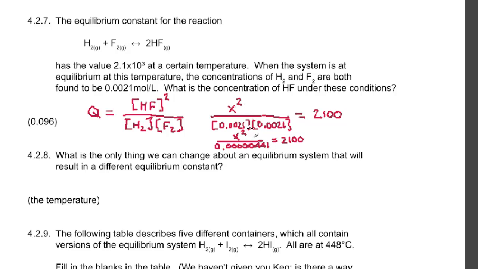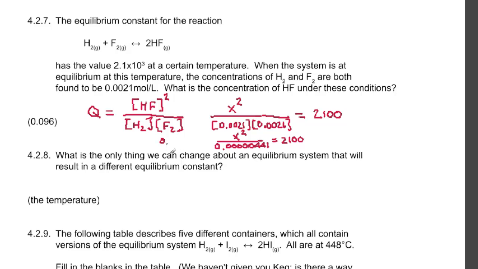If we want x alone, there are two obstacles to x being alone here. It's squared, we'll have to take that off, and it's divided by 0.00000441. The opposite of dividing by this number is multiplying by it.